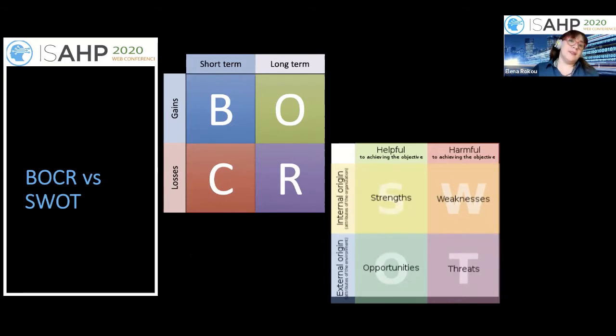Costs will be losses that you are incurring in the short term, while risks are really threats in the long term. So they are events that we are not sure are going to happen, but they could happen in the future, a little bit farther ahead compared to the cost.